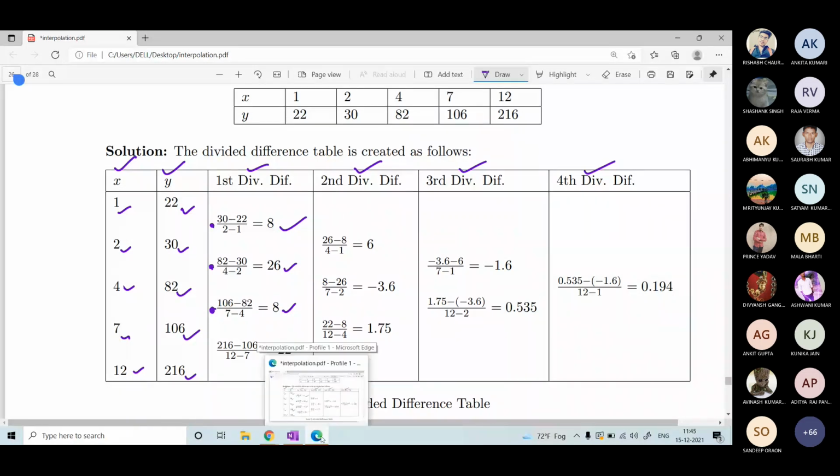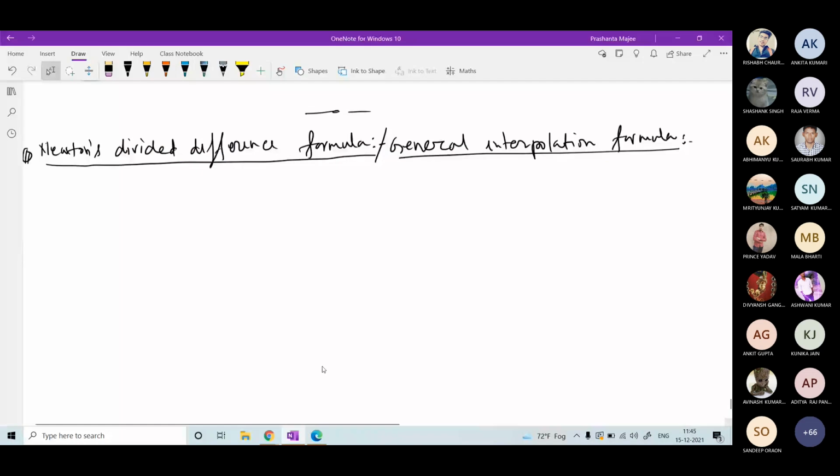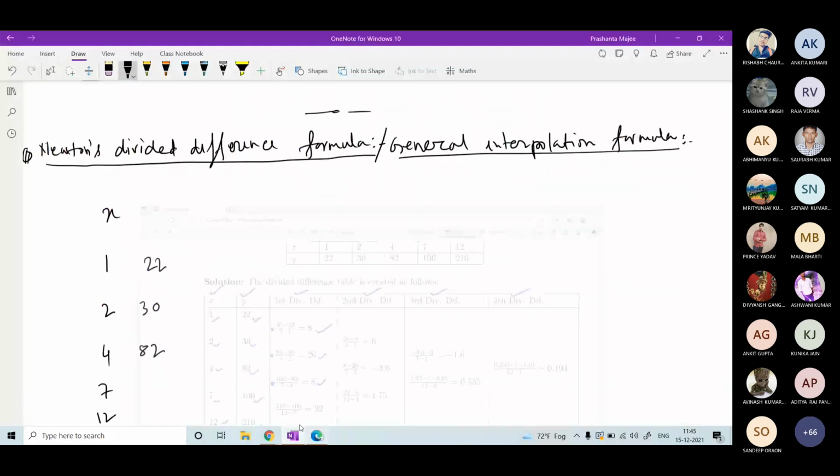X values are 1, 2, 4, 7, 12. And what are the Y values? 22, 30, 82, 106, 216.